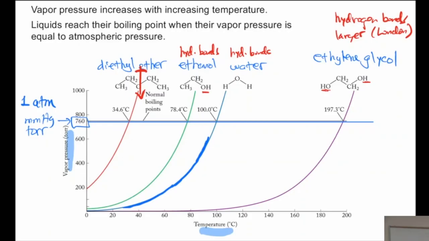In fact, in lab next week, you're going to be doing an experiment just like this. You're going to look at the vapor pressure relative to temperature and do some stuff with that. All right, and it keeps going up. It's not linear, but it does increase.